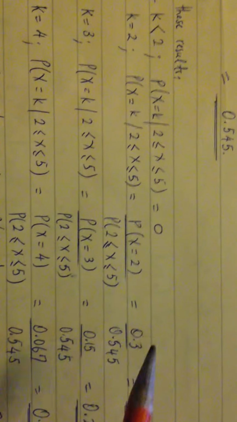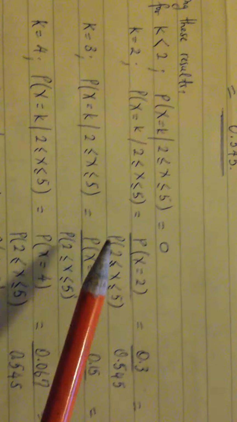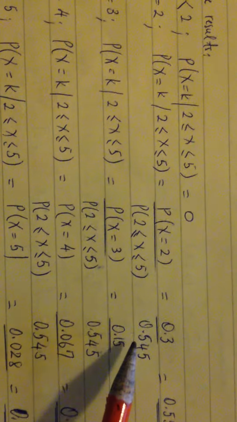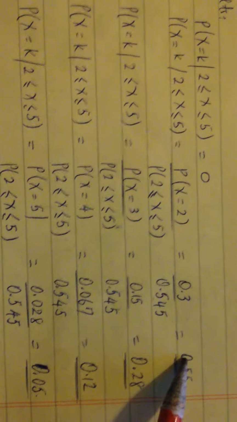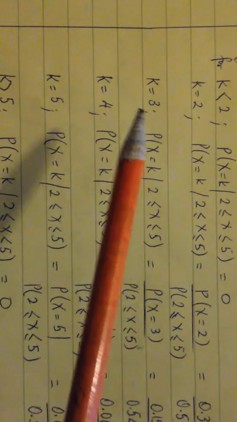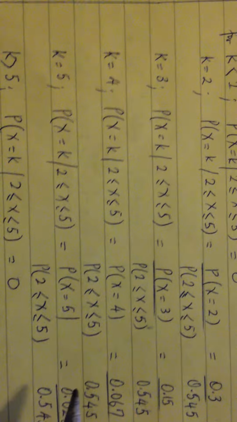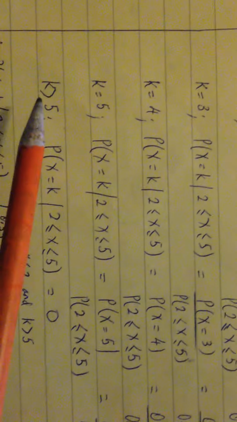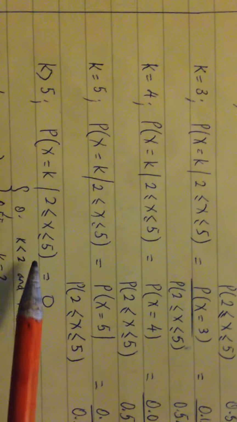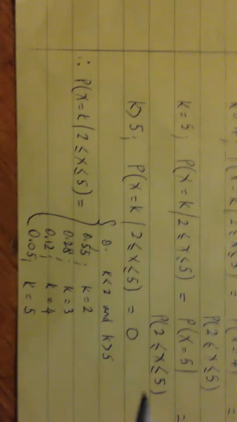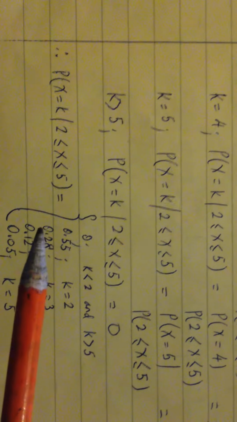So just substitute for that, and the probability that x is between 2 and 5 is also already obtained, which is this, giving us this. And similarly, for the other values of k between 3 and 5, it's a similar procedure. And then for k greater than 5, the probability is equal to 0, and therefore the conditional probability is given by this equation here.